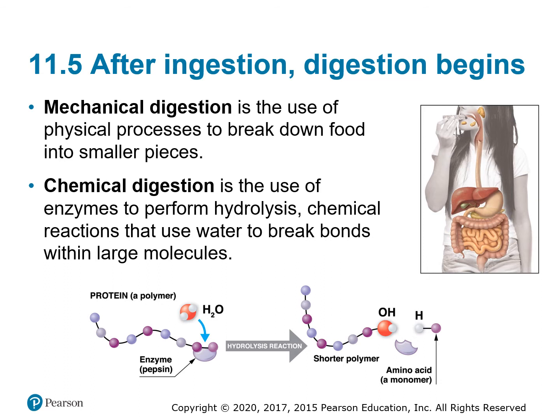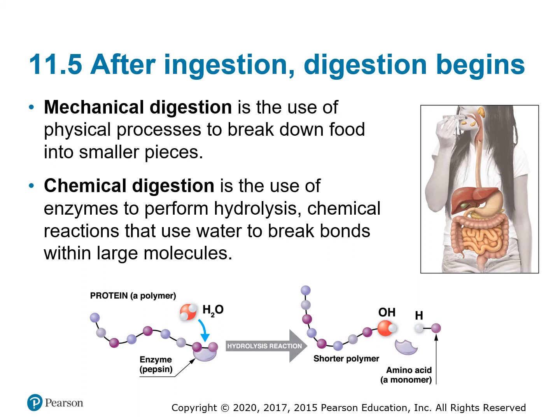So chemical digestion is the use of enzymes to perform hydrolysis, if you remember way back to our chemistry unit, where bonds are broken with the addition of water that then helps to break down, for example, proteins into amino acids or starch into glucose molecules.